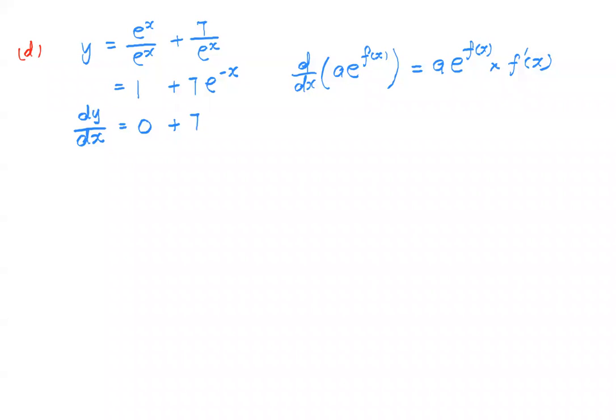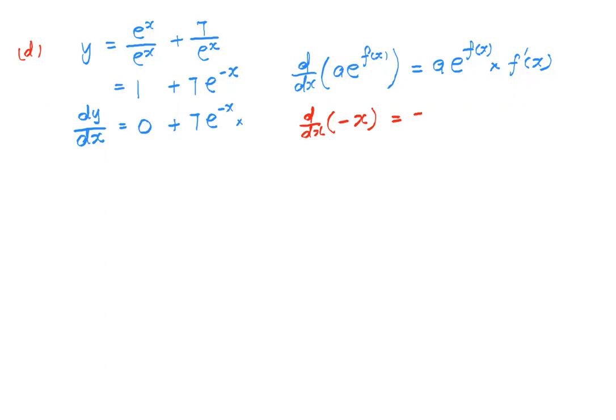I write this so that everyone knows what I am doing. Copy down the whole thing. Multiply. What I need to multiply here, I need to find the d/dx of the power negative x. What is the rate of change of negative x? The gradient is -1, correct?